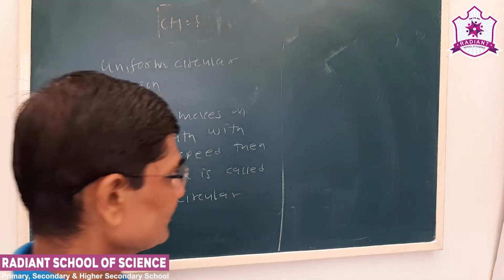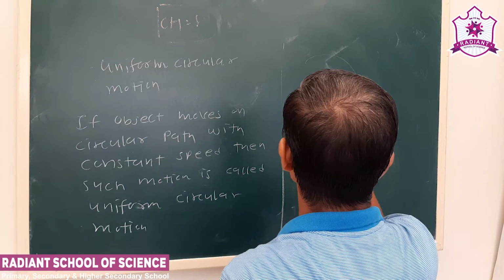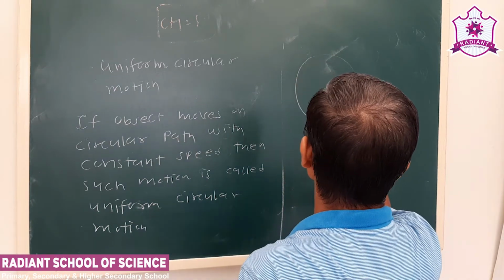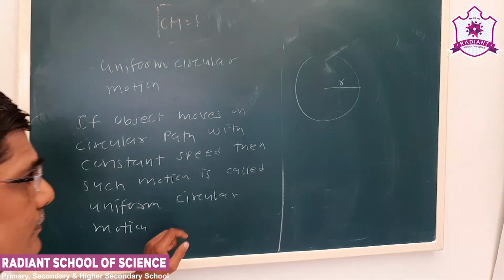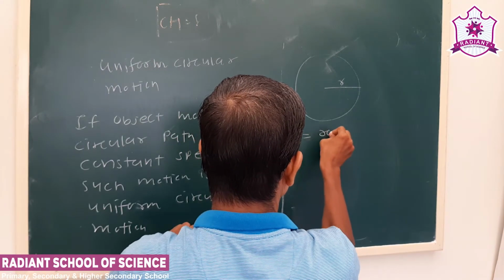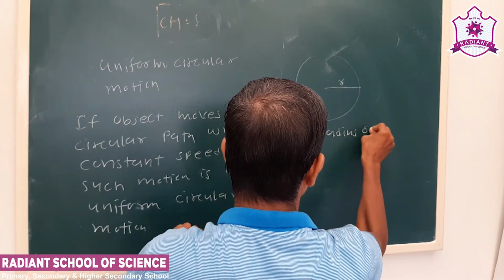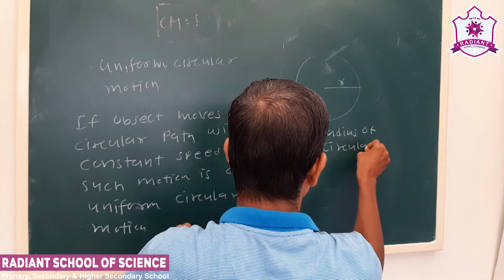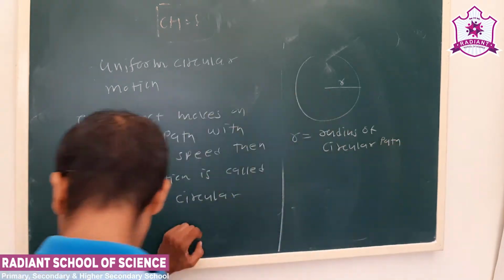Now see, r is the radius of the circular path, and v is the speed.